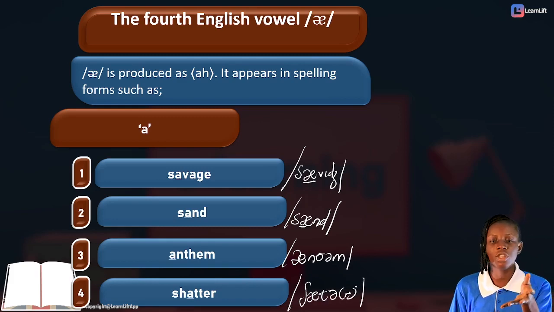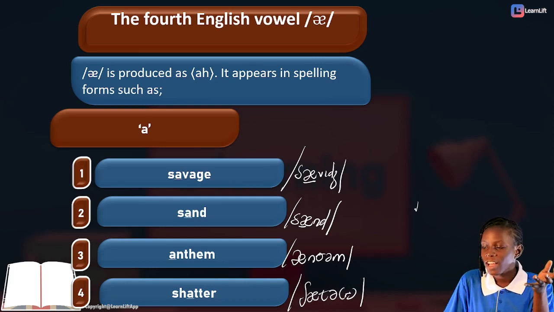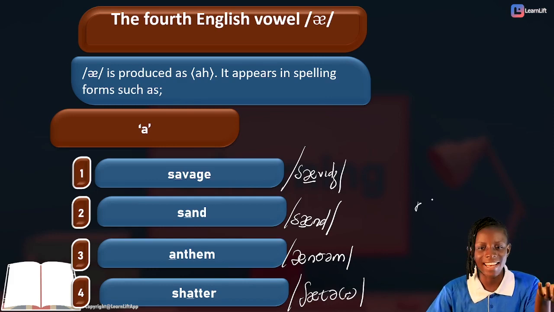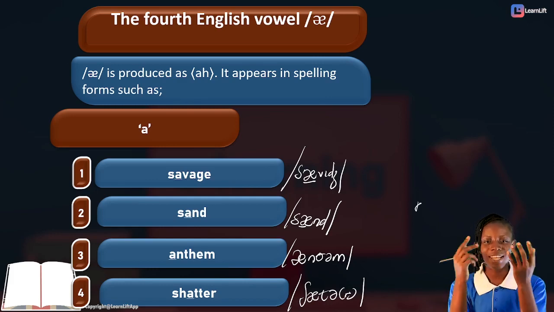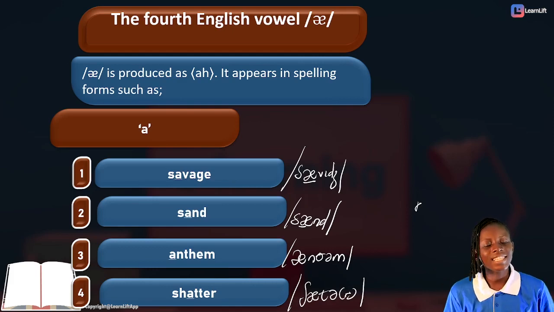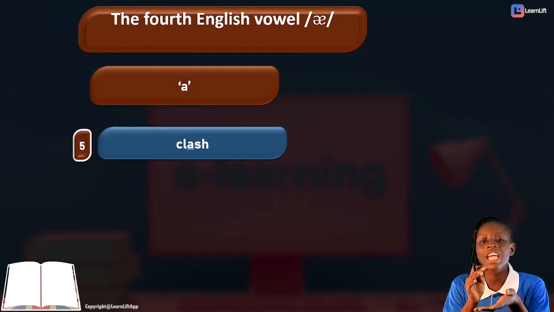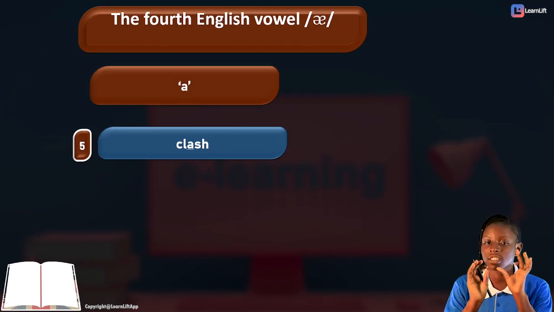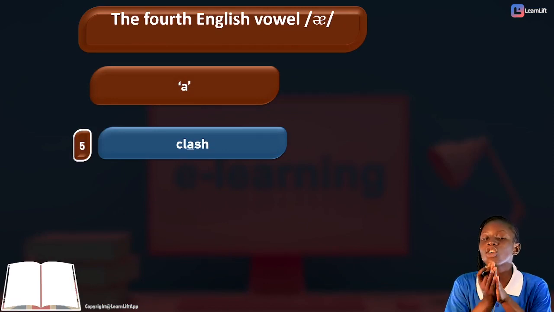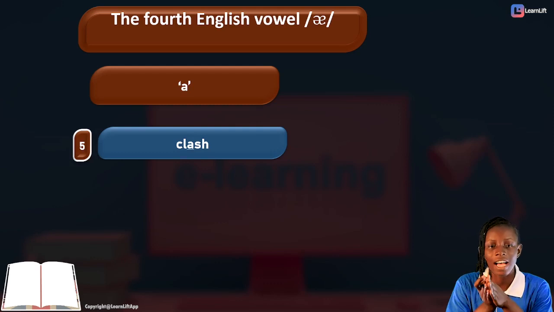Some dictionaries will give you this R in an upside down manner. Okay, next example, we have clash. It will do you super good if you are paying close attention and following this class in order to gain from it.